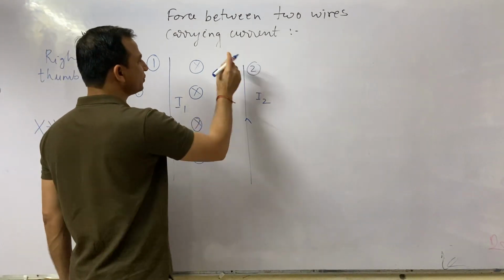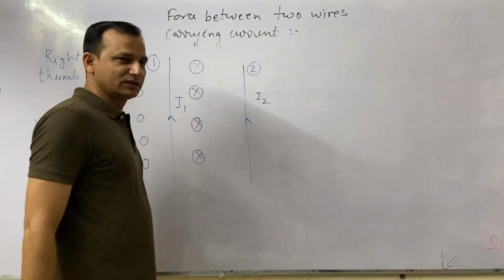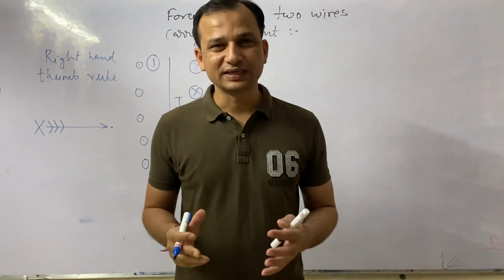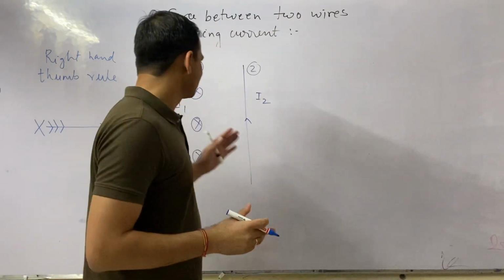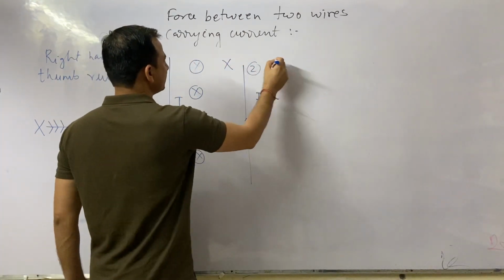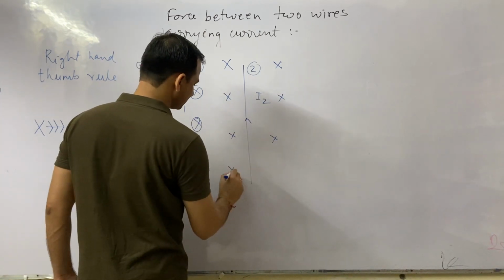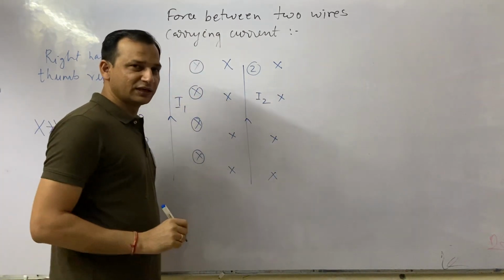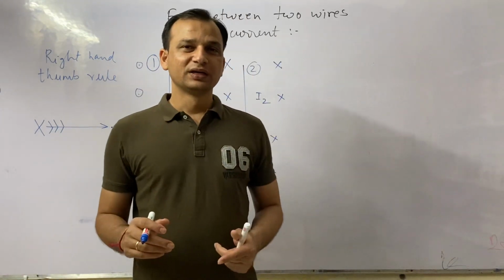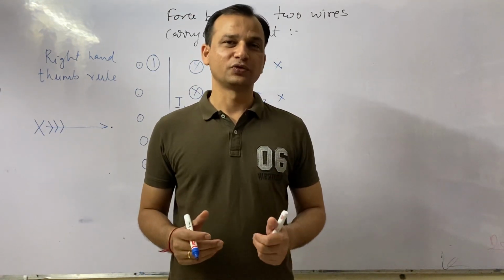Now wire 2 is kept close to wire 1. So it means it's going to experience the magnetic field which is generated by wire 1. Now wire 2 is in the magnetic field of wire 1. If you have seen the last video, then you know if there is a charge flowing in a magnetic field, it will experience force.